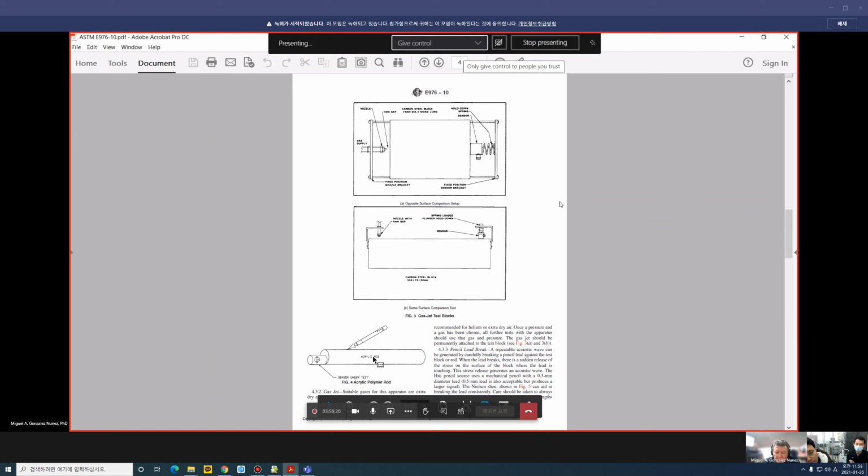You see, you have an acrylic rod. This is, if I'm not mistaken, 1.5 inch diameter. And you mount the sensor on this face of the acrylic rod, and you perform pencil breaks along this distance.